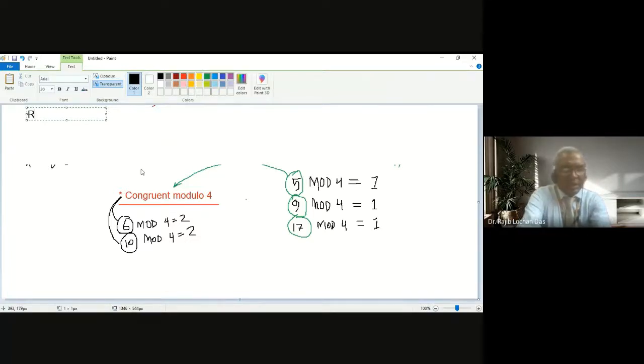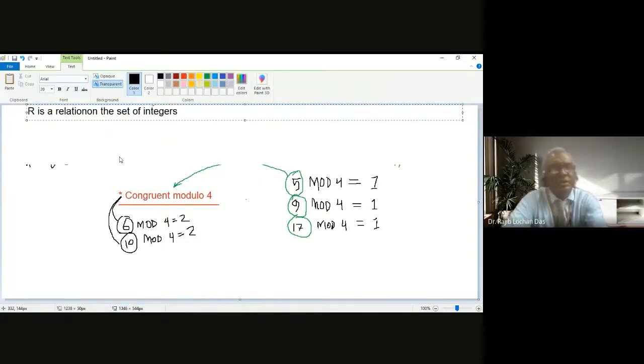Say R is a relation on the set of natural numbers.